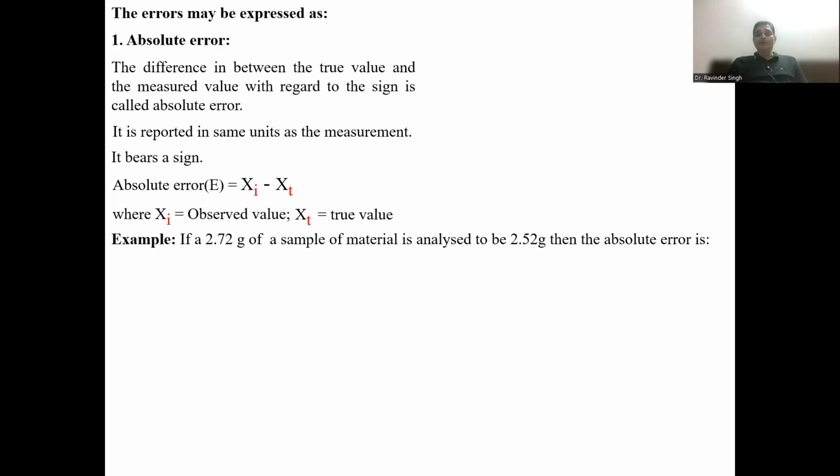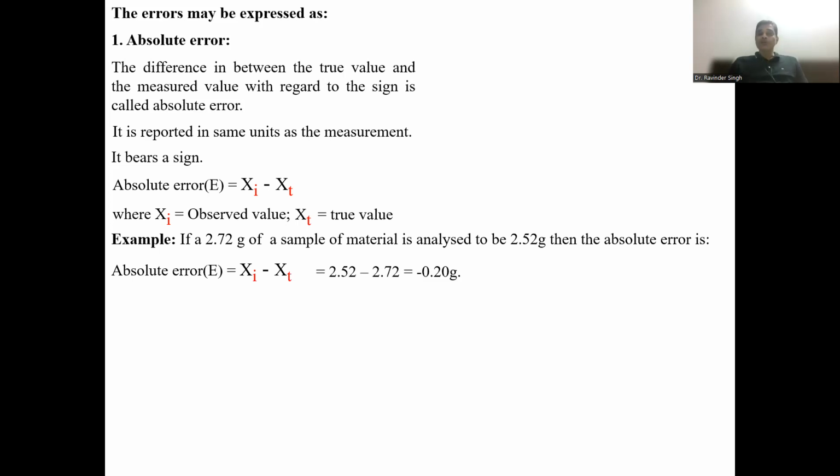Next is the example. If a 2.72 gram sample of any material is analyzed to be 2.52 gram, then the absolute error is the observed value minus the true value.